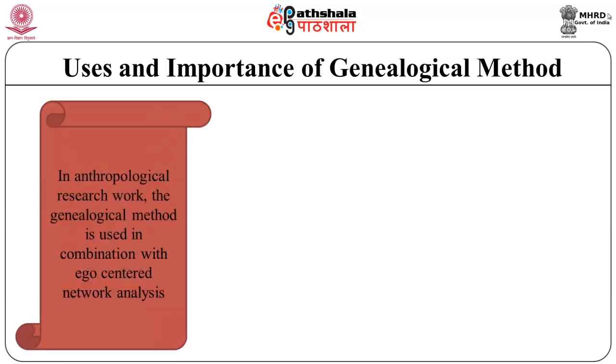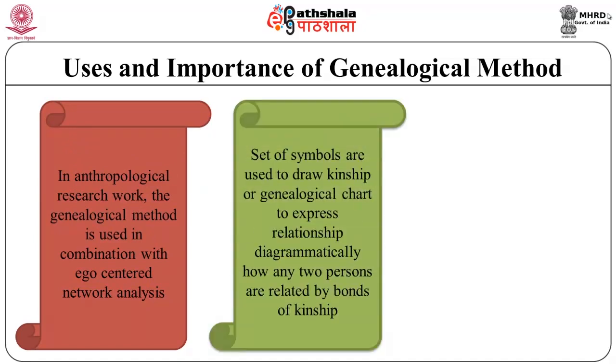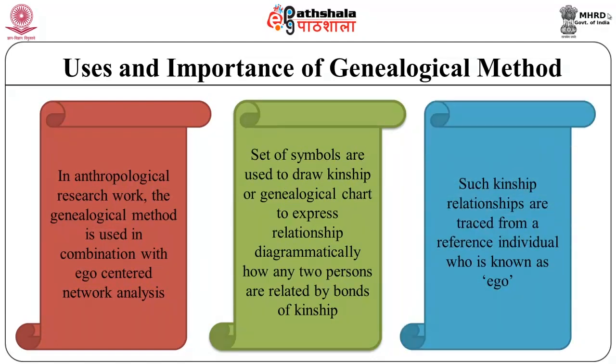In anthropological research work, the genealogical method is used in combination with the ego-centered network. A set of symbols is used to draw the kinship or genealogical chart to express the relationship diagrammatically, how any two persons are related by the bonds of kinship. Such kinship relationships are traced from a reference individual who is known as the ego.